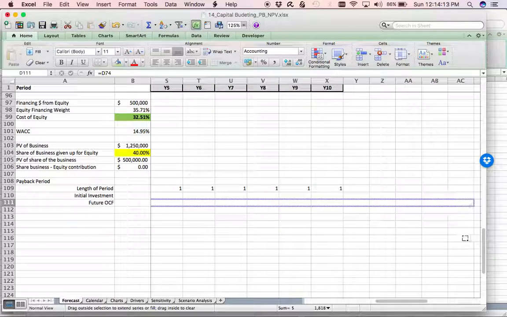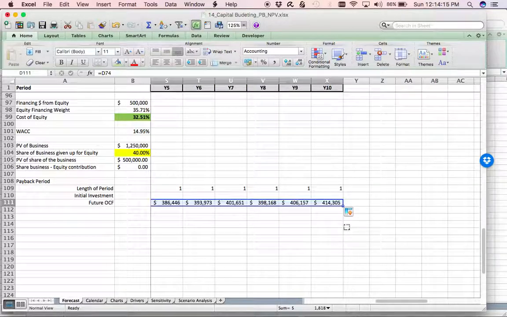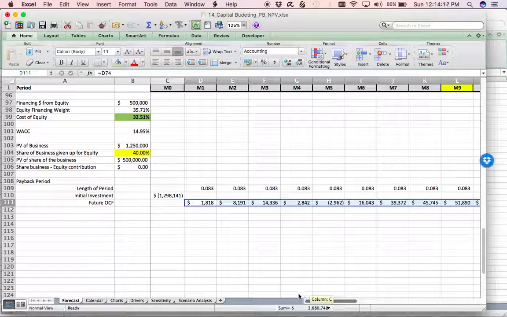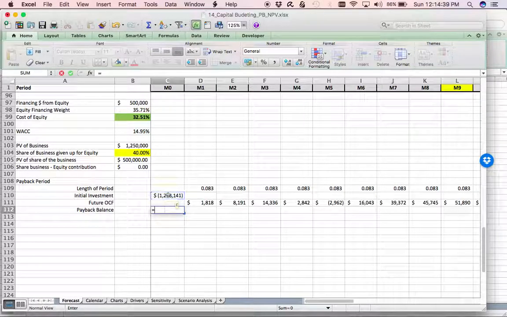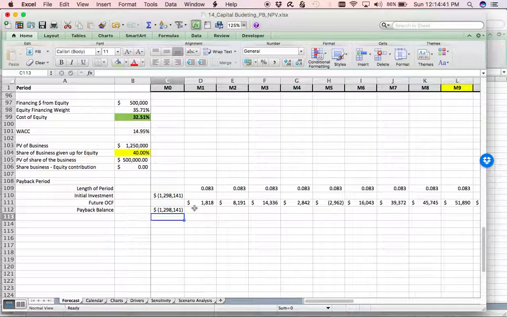And honestly, payback period is one of those things that's a lot easier to calculate on a napkin, or at least estimate, than probably on a spreadsheet. But we need to do this and kind of automate it for you. And so what we're going to do now is do what I call the payback balance. All right. And so in month 0, that is equal to whatever the initial investment is, because we haven't paid anything back yet.